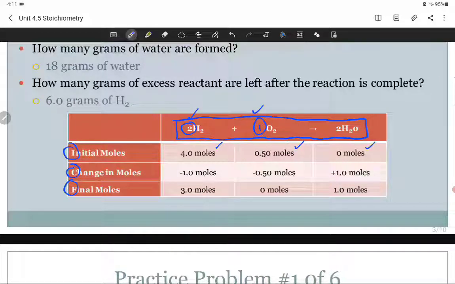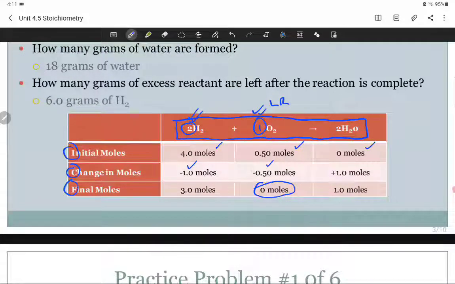So let's go back and do this over again. If someone considers the oxygen gas as the limiting reactant, by definition, you have to have none left at the final. Therefore, you'd have to subtract all of your initial amount. And then again, it's a 2-to-1 ratio. So whatever number you put for the limiting reactant change, the hydrogen change would have to be double that, which is 1.